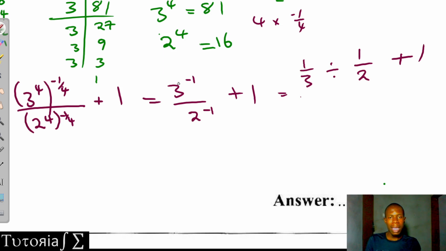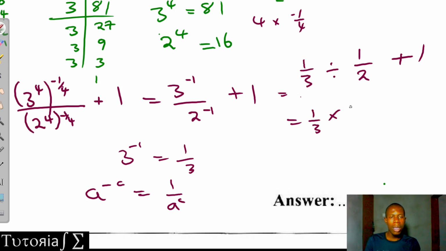So this, the inverse, 3 to the power negative something, is basically 1 over 3. Okay. A to the power negative c, or this is 1 over a to the power c. Okay. So this will simply be the opposite. So this will be, to turn this into multiplication, this is 1 over 3 times 2 over 1 plus 1.